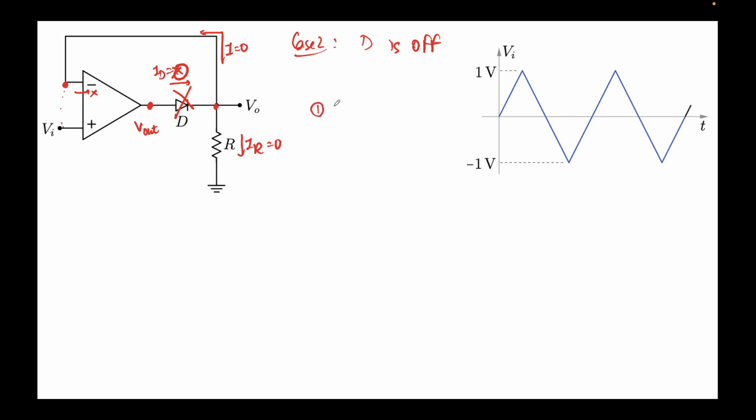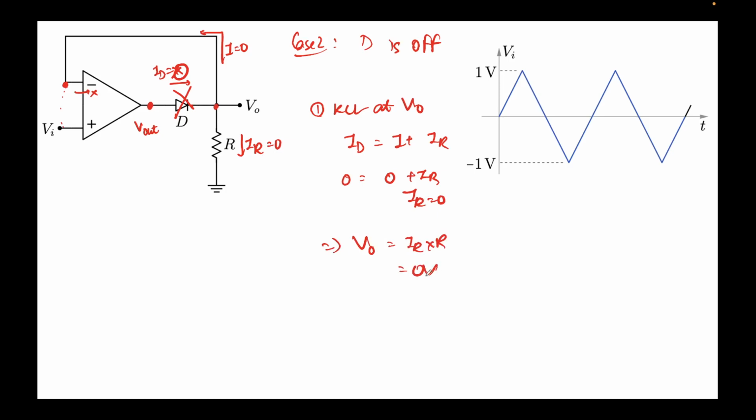So let's do KCL at V naught. The incoming current is ID, and the outgoing current is I plus IR. ID is 0, and I is 0 because it is an ideal diode, so IR comes out to be 0. If I apply Ohm's law, V naught equals IR times R, which also comes out to be 0 volts.